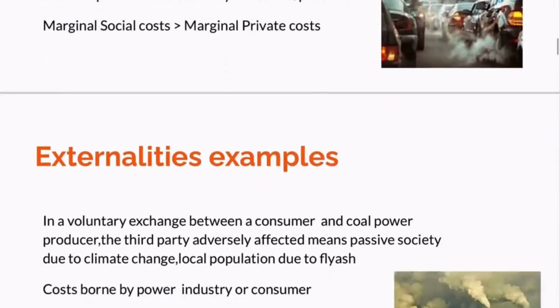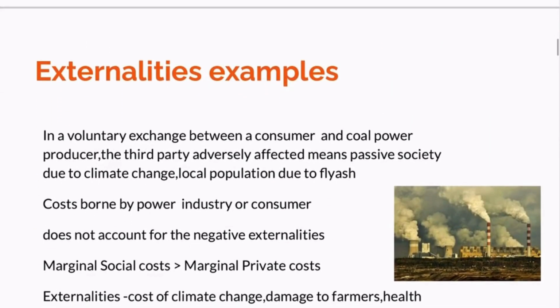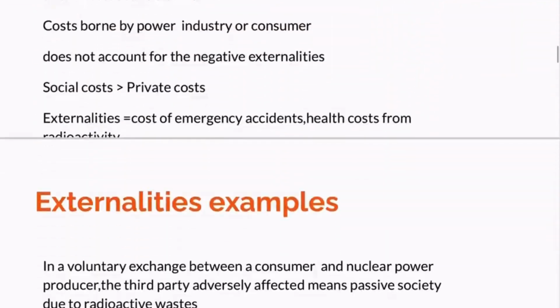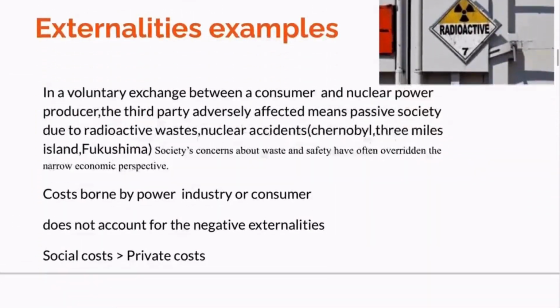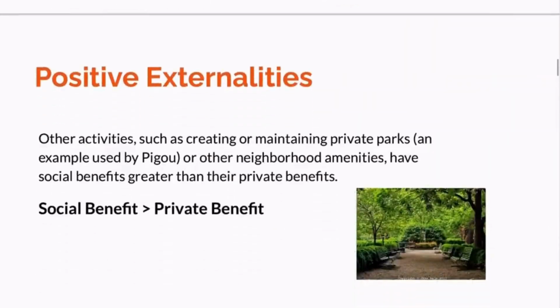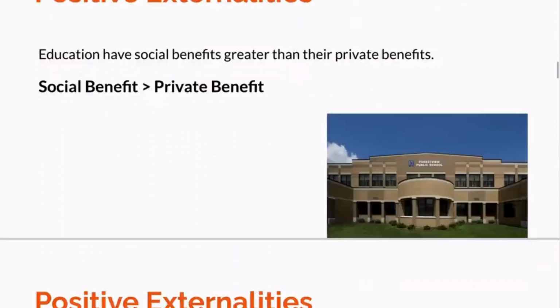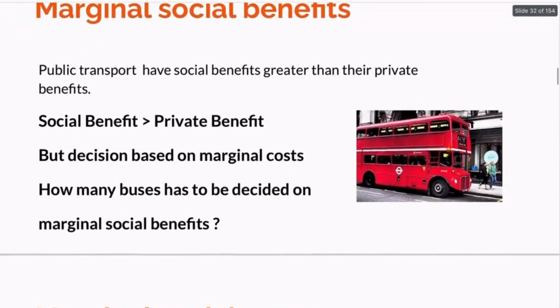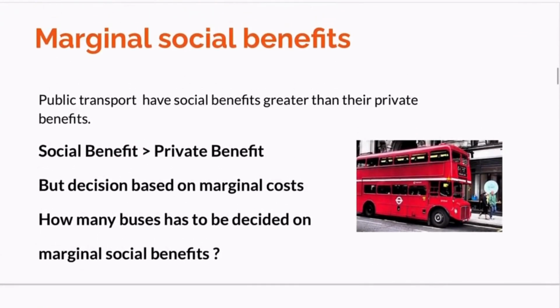Now, what do the terms marginal social cost and marginal private cost mean? Marginal means a single additional unit when it is manufactured. What would be the impact?